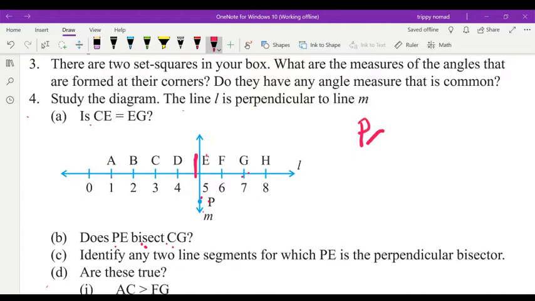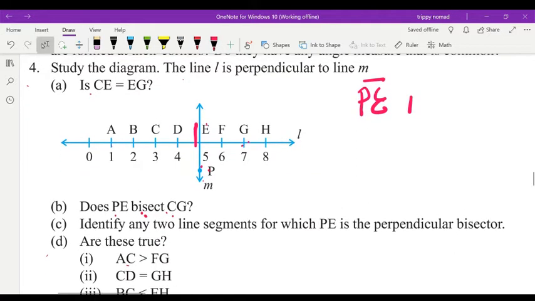PE is the perpendicular bisector of which line? You can write DF.